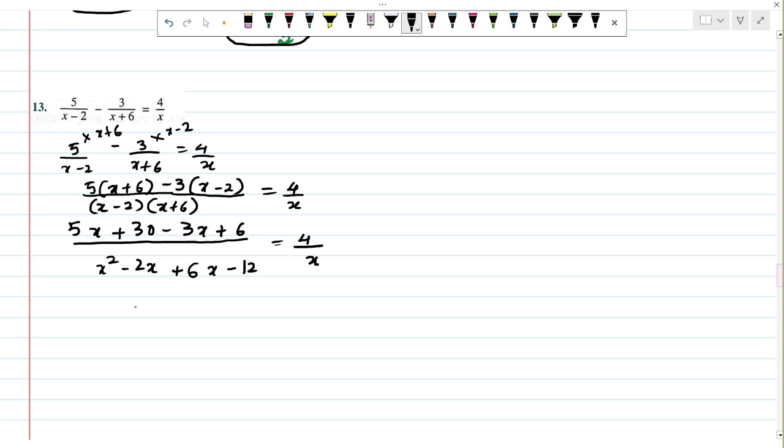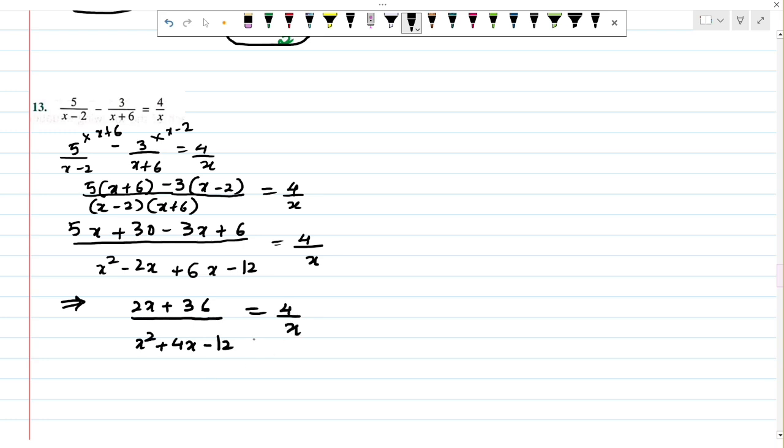As it is, the RHS part remains as it is. So if I simplify this, I'll get 5x minus 3x is 2x plus 36 divided by x square plus 4x minus 12, which is equal to 4 divided by x.